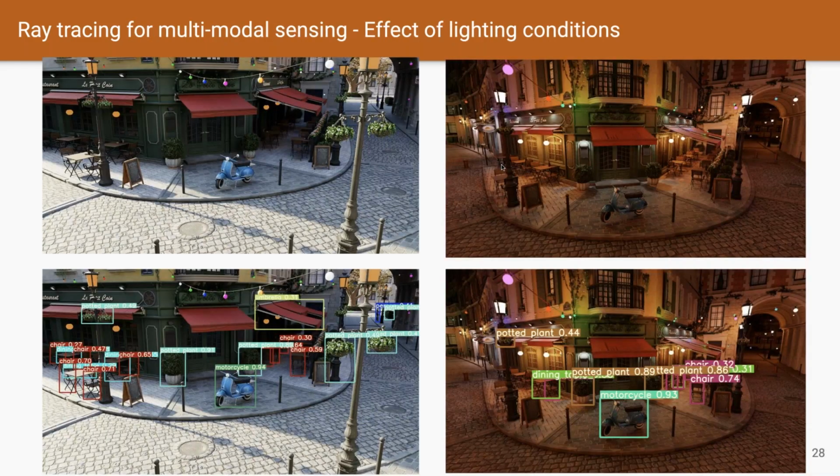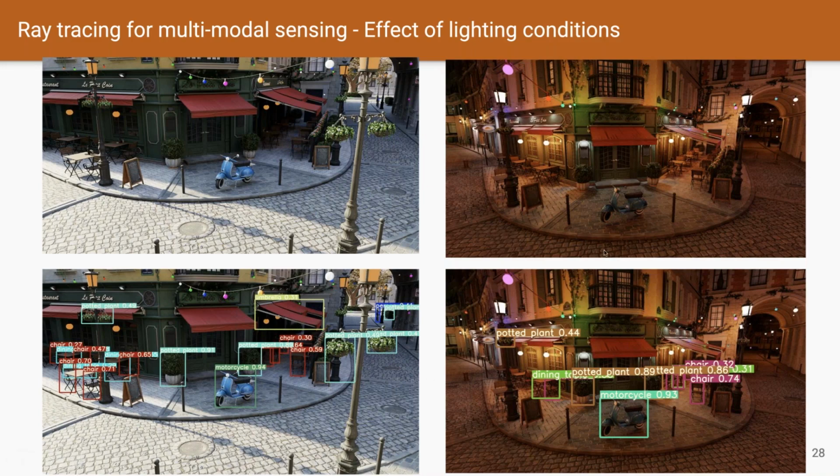Now let's look at objects under different lighting conditions. We are simulating two cases: one where the lighting is perfect daylight, and another where it is a nighttime condition. In both conditions, you can see that it's able to identify almost all the objects very accurately. The motorcycle becomes a little bit duller, but it identifies all the plants.